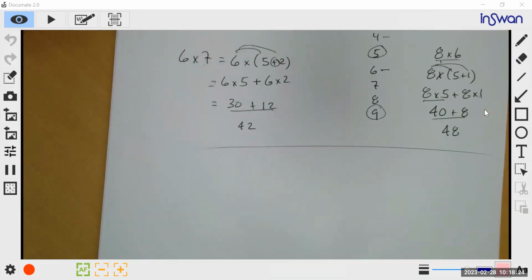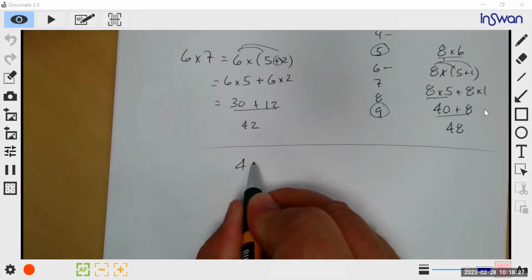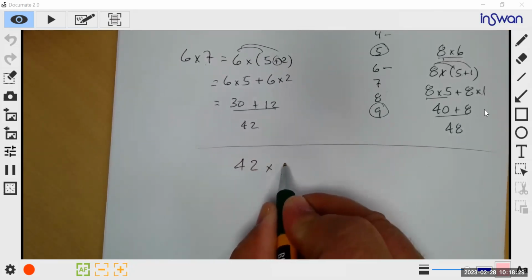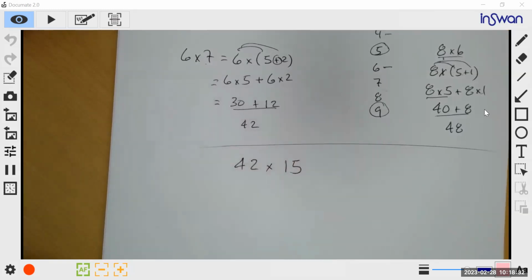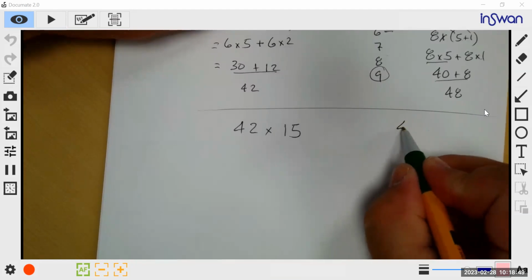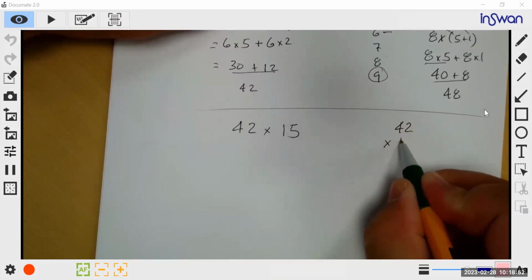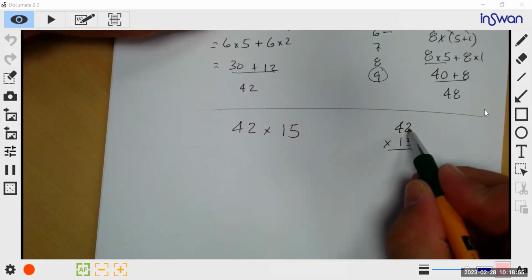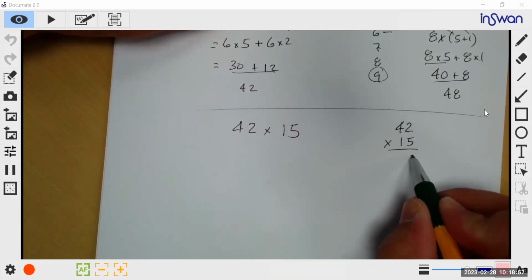So multiplying integers. How about 42 times 15? How would you do that? Typically, this is the standard way. 5 times 2 is what? 10.